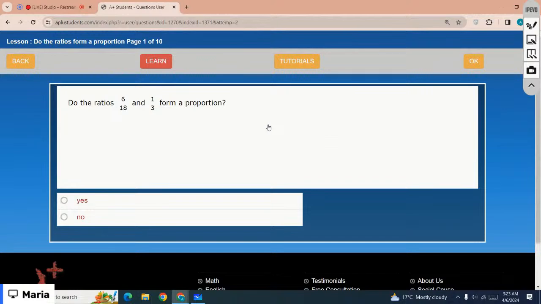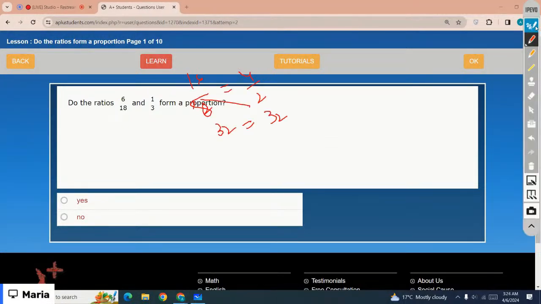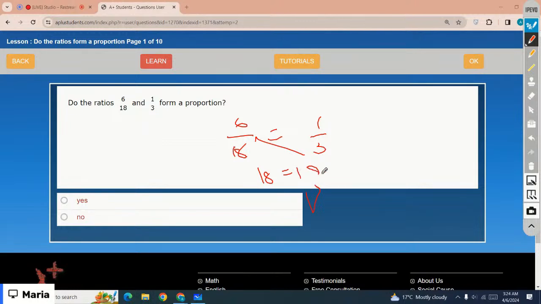Okay, do the ratios 6 by 18 and 1 by 3 form a proportion? So basically, you have to check if they are equivalent ratios, right? If they are equivalent, that means they form a proportion. How do we check if they are equivalent? You have to cross multiply them, right? 3 times 6 is 18. 18 times 1 is 18, right? You can see both sides are exactly equal. That means yes, they form a proportion.